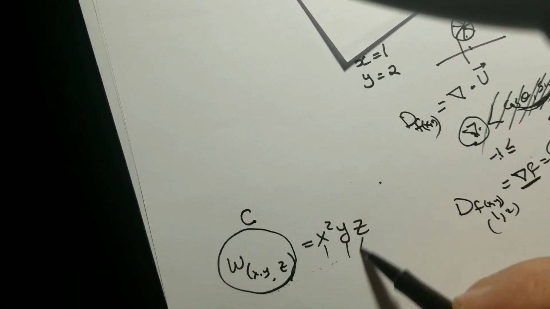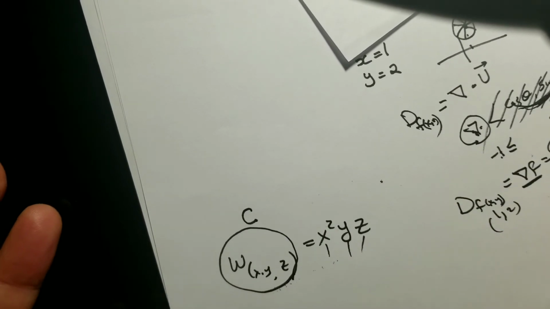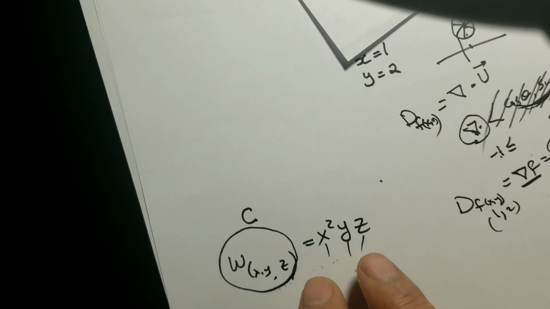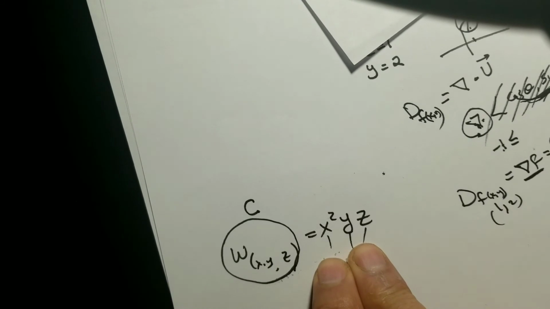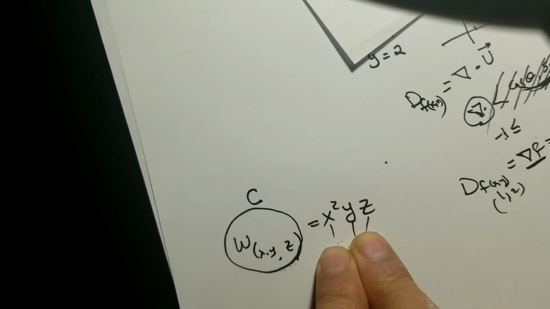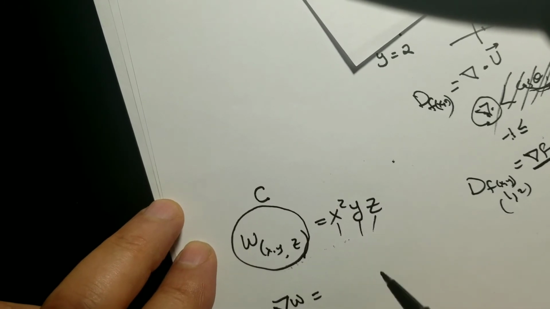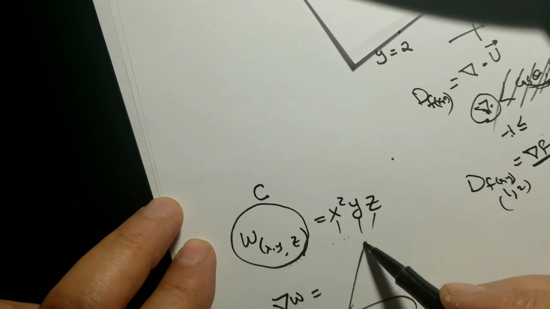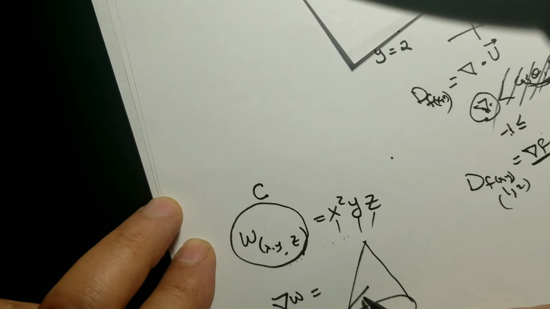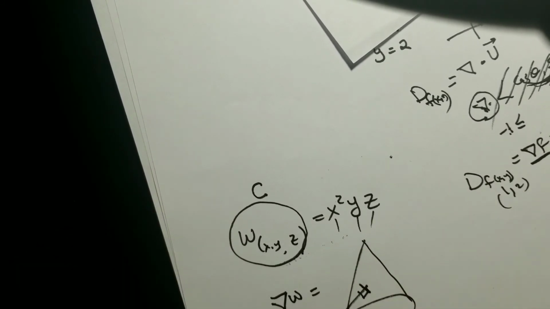I have 3 variables that I have to parameterize. I said this is called a level surface. And what do I know about the gradient? The gradient is normal to the level surface.